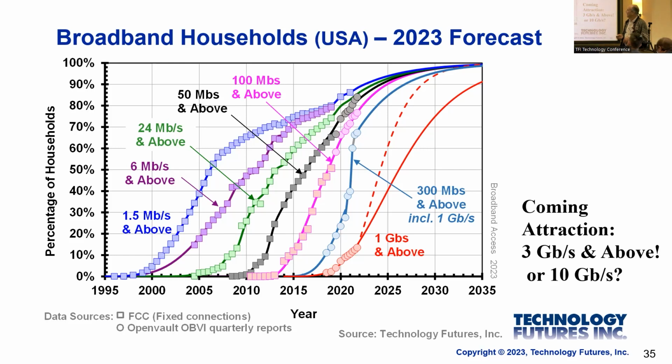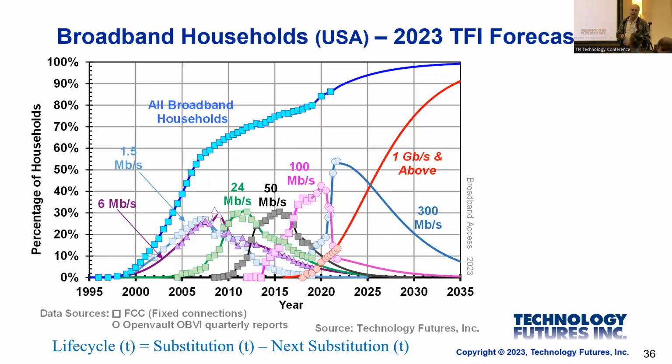Now, remember, we can take these S-shaped curves and translate those into the bell-shaped curves. They don't look so pretty anymore because the blue line is 300. It goes up really quick, and then it has a slower decline as 1 gig replaces it. And then, of course, the peak life cycle for 100 megabits per second is going down really quickly.